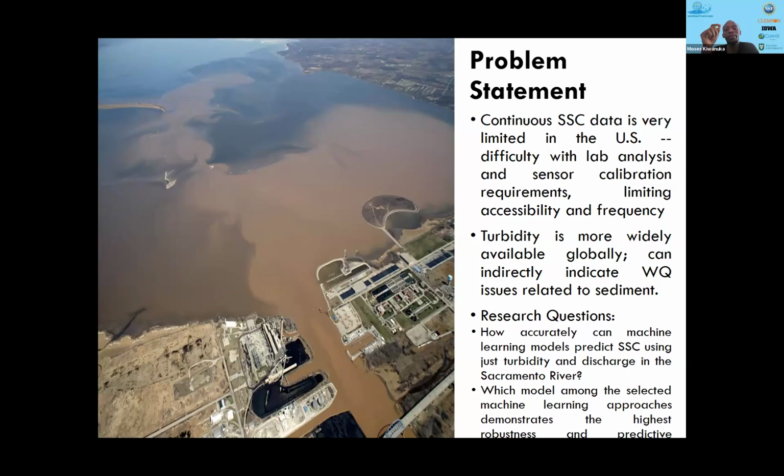These field methods are not able to capture that complex and dynamic interaction. But the good thing is that we have turbidity data, which is readily available and can be used as a proxy. So that's why we decided to use turbidity data to answer our research questions. Can we use machine learning to forecast these extreme events, especially in the Sacramento River? And which of these models can be appropriate in future forecasts to prevent the significant challenges that can be caused by extreme events of suspended sediment?